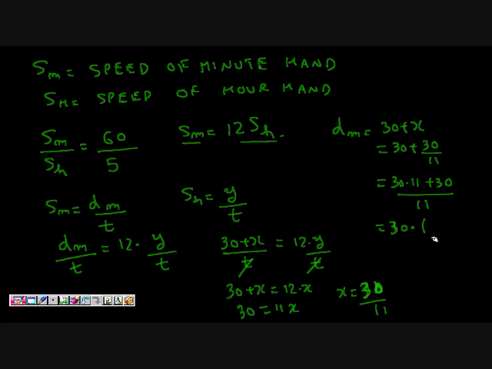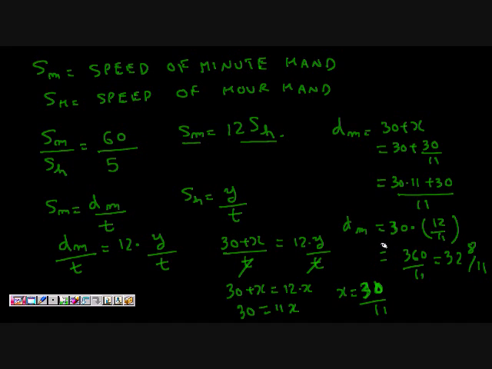Okay. So distance traveled by the minute hand is equal to 360 by 11, which is the same as 32 8 by 11 minutes past the hour. So the time is 32 8 by 11 minutes past 3 o'clock, when the two hands will be perpendicular to each other.